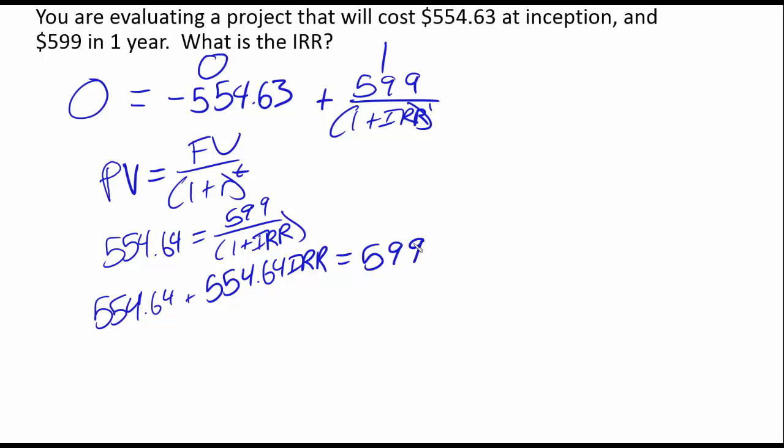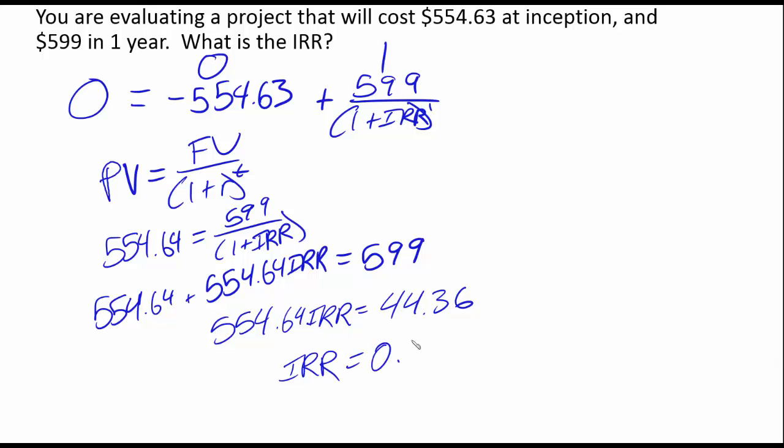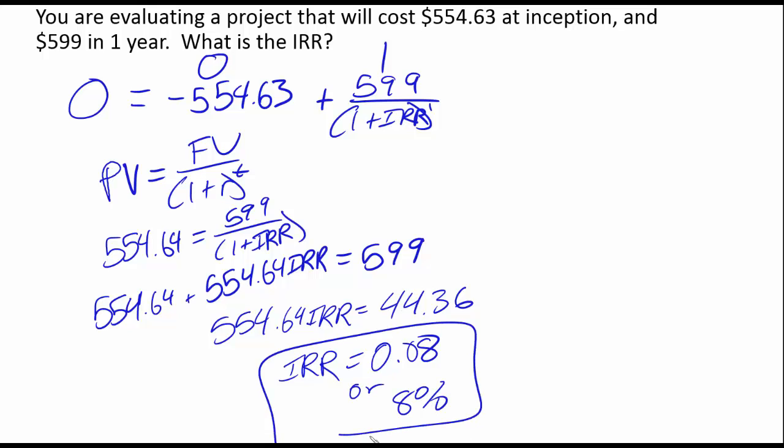And so then we subtract off of both sides the 554.64, and so we end up with 554.64 IRR is equal to 44.36, and then we divide that 44.36 by 554.64, and that means that the IRR is equal to 0.08 or 8%.